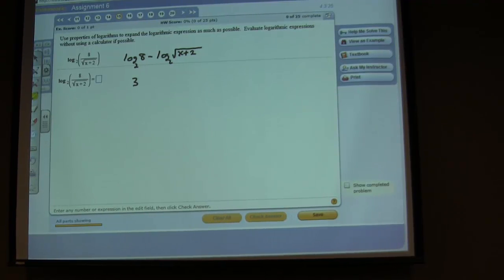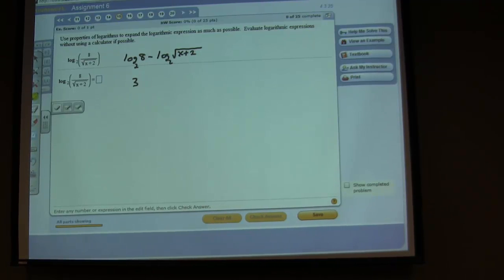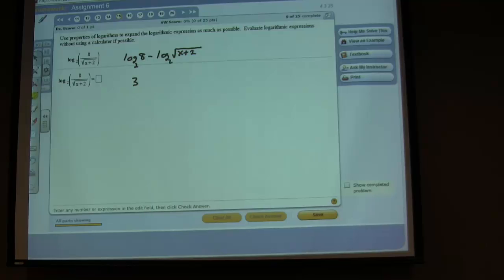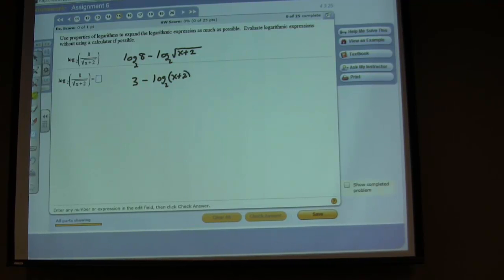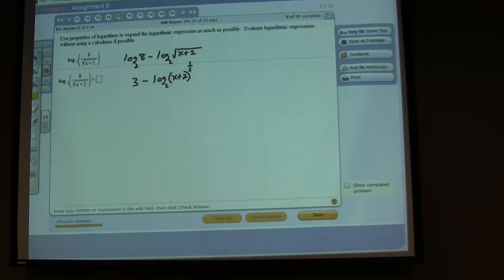We want to deal with it as an exponent, and the square root is a 1/2. The exponent is 1/2. So this would be 3 minus the log base 2 of x plus 2 to the 1/2 power.